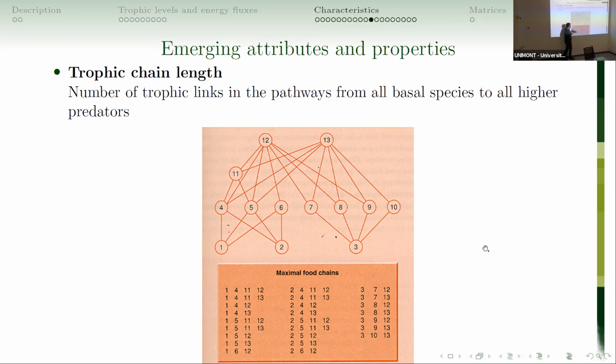Imagine that we have the same number of links, but with half of the paths. How would the structure of this food web be if we had the same number of links, but with fewer paths? Less complex, and in terms of structure, well, it would have the same number of links, same number of species, but fewer paths.